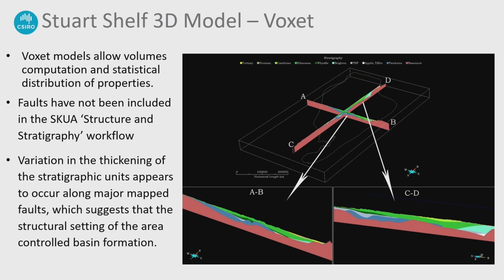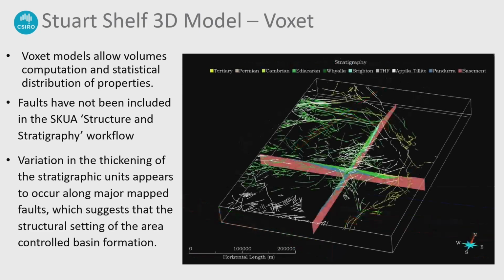And I like those cross-sections because even though I did not include faults in this 3D model, you can tell that there are sharp variations in topography or thickening of these units. And some of those correlate with mapped faults. Now, in the early stage of this project, it was concluded that there is a high fault density.